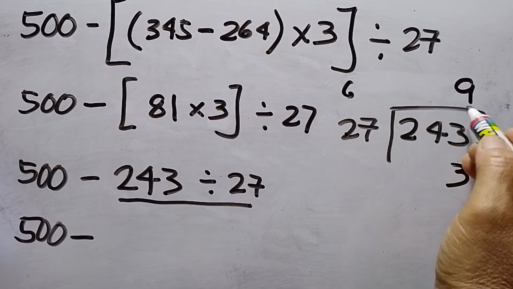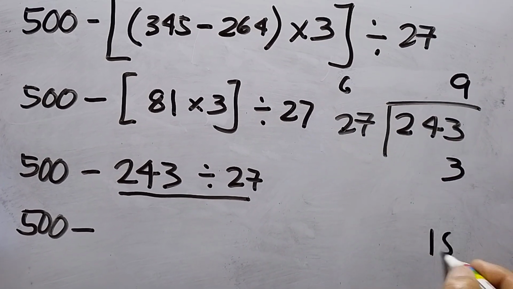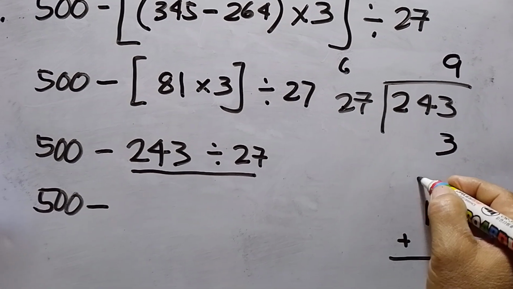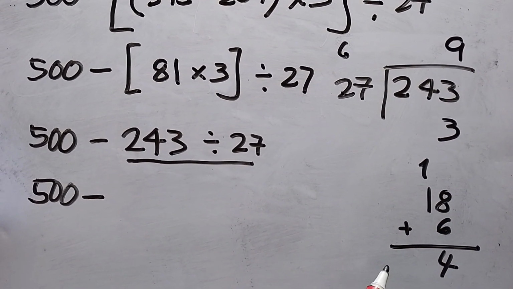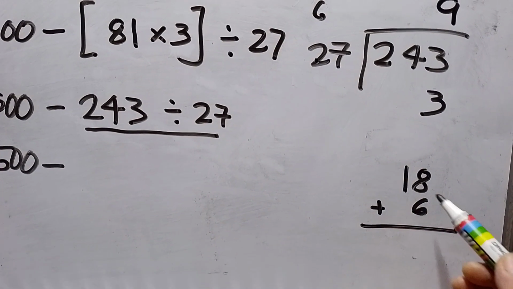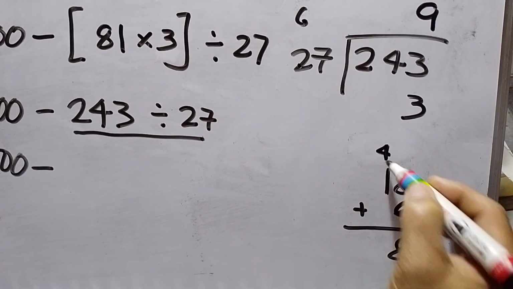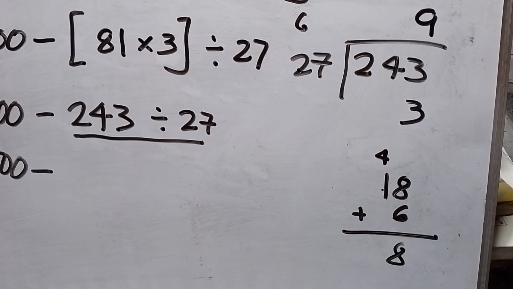Carry 6. 9 times 2 is 18. 18 plus 6 is 24. No, sorry, 8 times 6 equals 48. Carry 4. Then 1 times 6 is 6 plus 4 is 10.